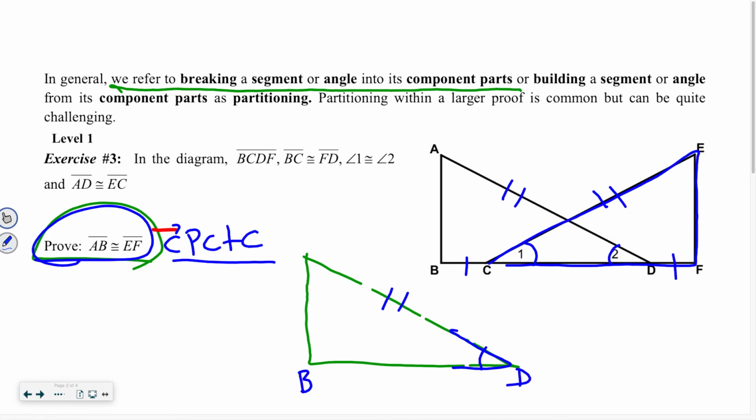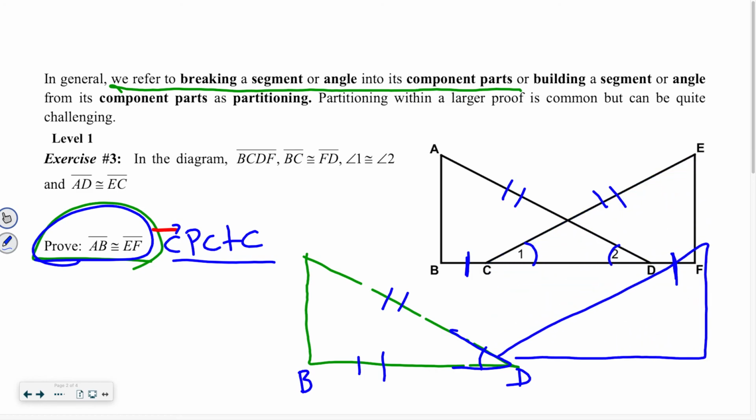I know something about here. I know BC is going to be congruent to the other piece of the triangle. So I think what they're trying to say is that I need to prove that BD is going to be congruent to this segment right here. I think that's what they're trying to get.